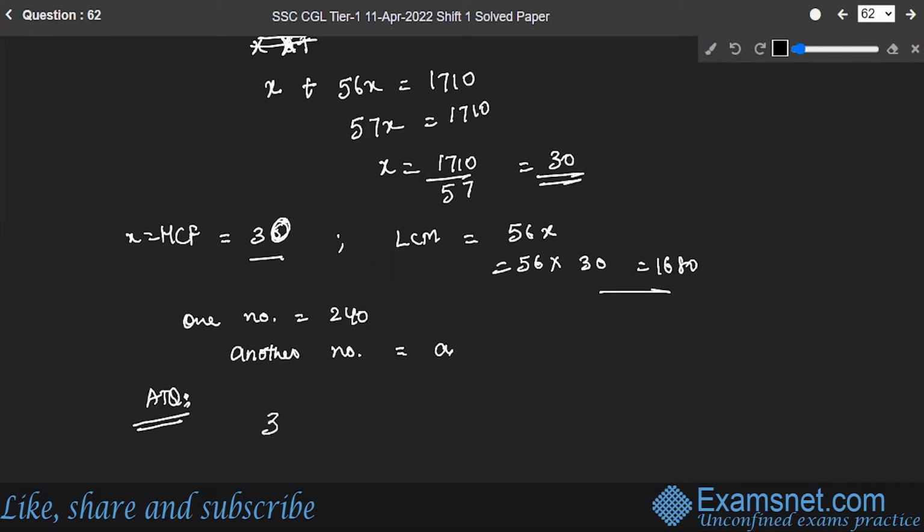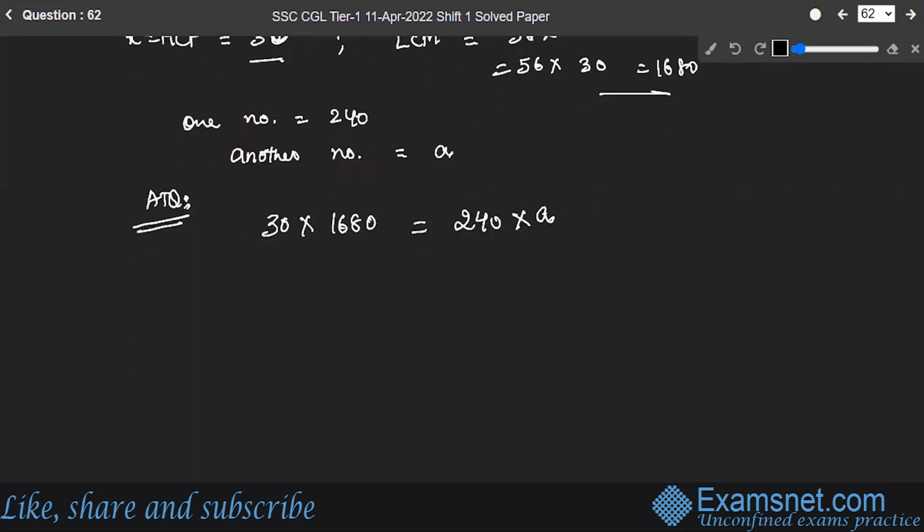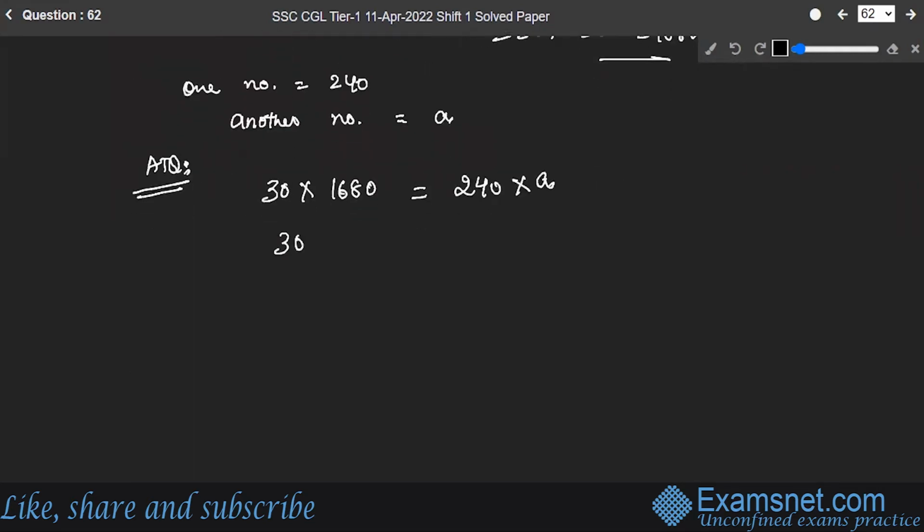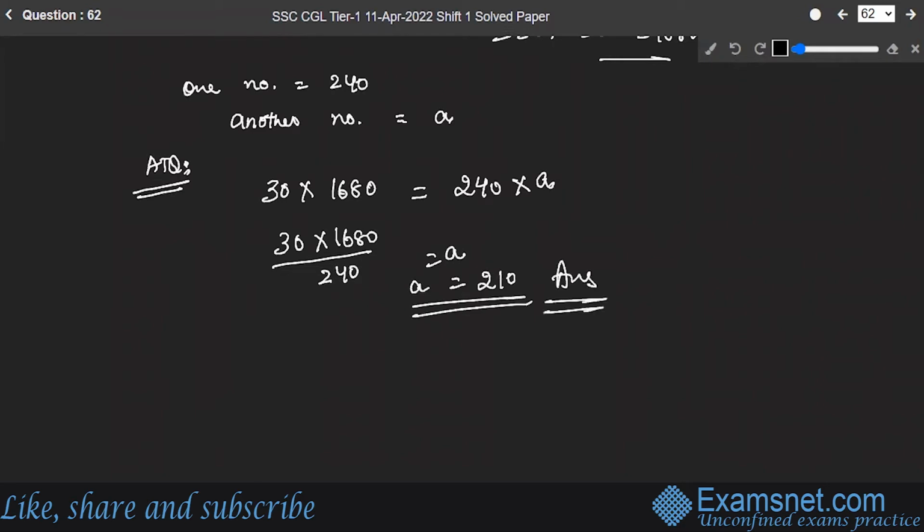So, 30 into 1680. This is the product of HCF and LCM. This is equal to 240 multiplied by A. So what will come in the place of A? This is 30 into 1680 upon 240 is equal to A. A will evaluate to be 210. This is the answer for the problem.